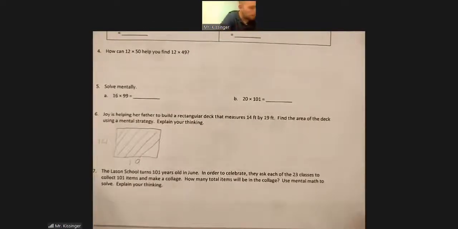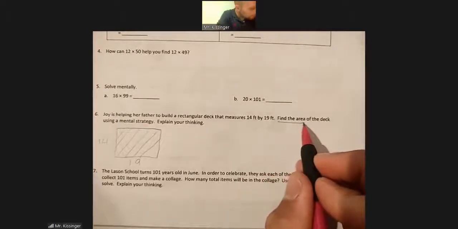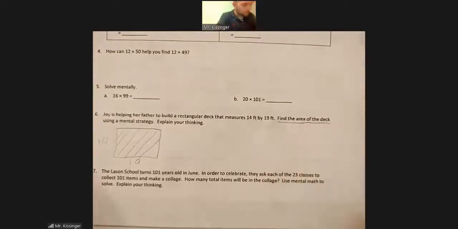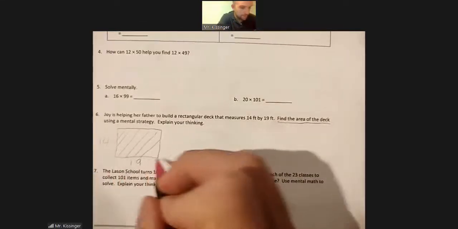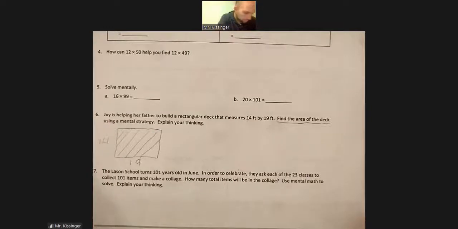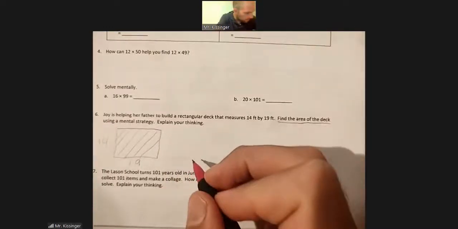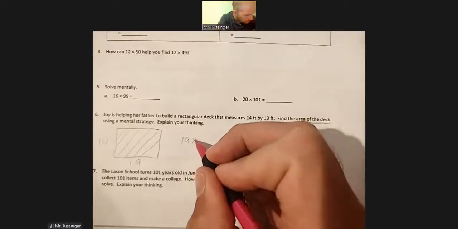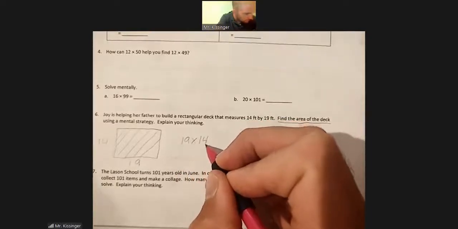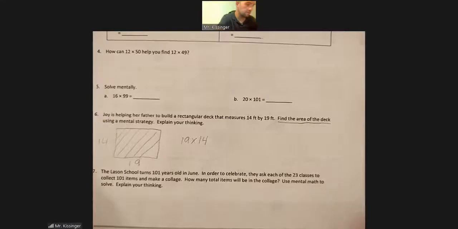So we want to find out what the area of the deck is. So when we want to find area, we will do length times width. And we get 19 times 14. 19 14s.